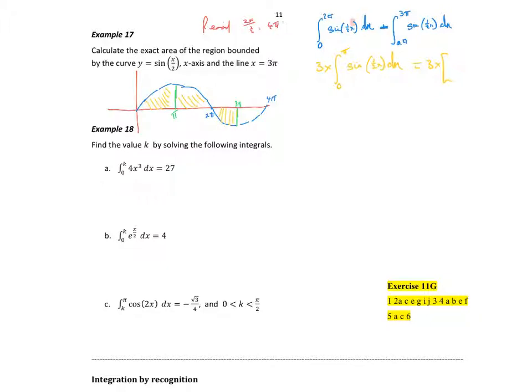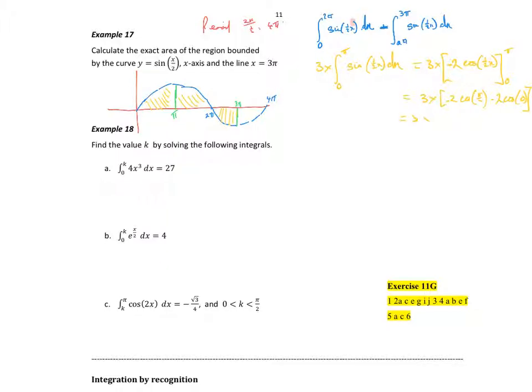Antiderivative: 1 on k, so 1 on 1/2 is 2. Sine becomes negative cos, so it's negative 2 cos of 1/2 x between pi and 0, which is equal to 3 times negative 2 cos of pi on 2 minus negative 2 cos 0.